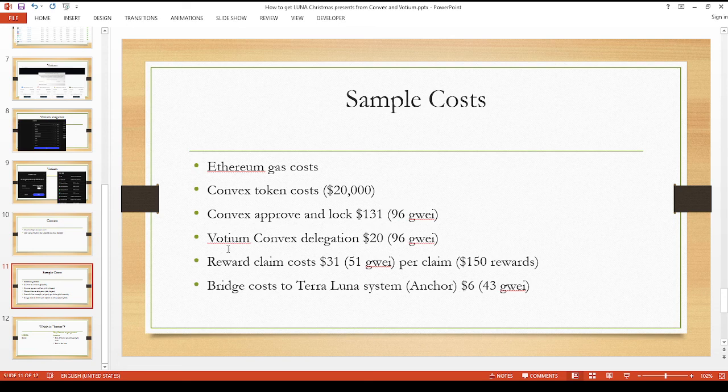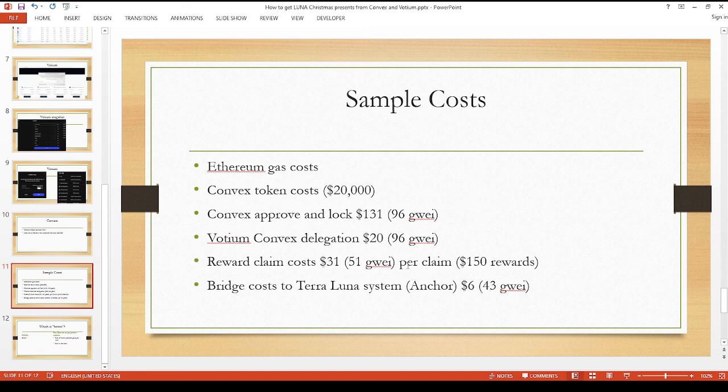And then when I was trying to do the Vodium delegation, that was another $20, so that was also around 96 Gwei. In the previous two rounds, the claiming cost for the rewards from Vodium was about $31 per claim, and I don't want to say it was around 51 Gwei.